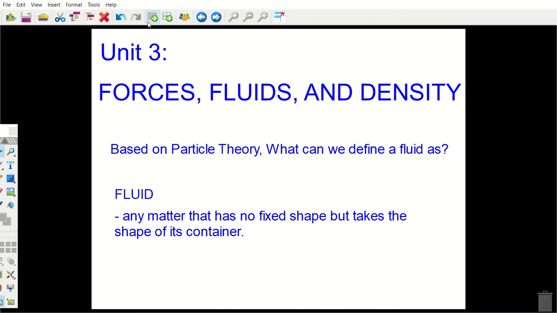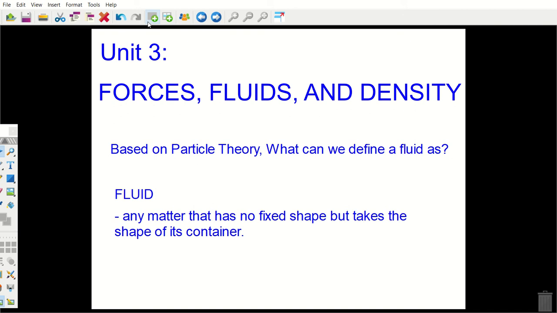So we can define a fluid as any matter that has no fixed shape but takes the shape of its container. In other words, a fluid is anything that doesn't have a shape that is always the same, but it will take the shape of its container.